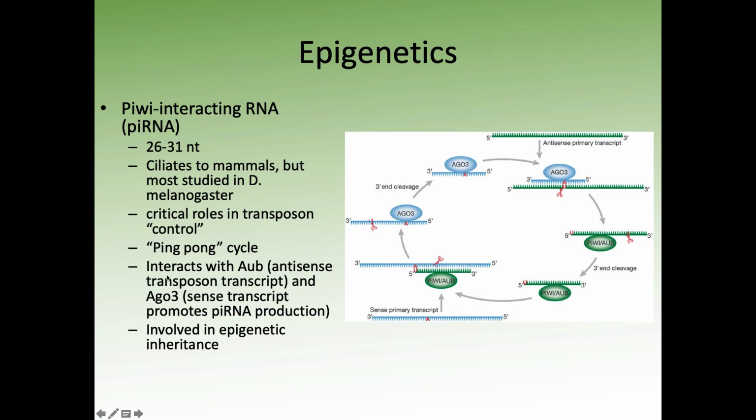So what happens in this process is the interaction of this ping-pong cycle with the AUB gene and the AGO3 gene, and this is thought to be largely an epigenetically inherited process because typically piRNAs are passed on maternal lineages, because they're inherited through the egg and not through sperm.